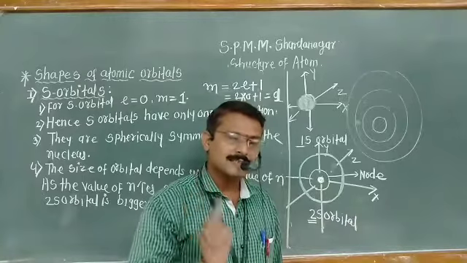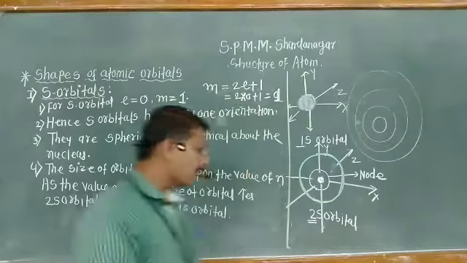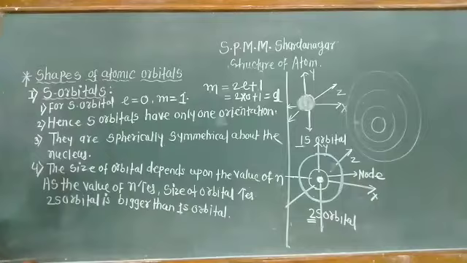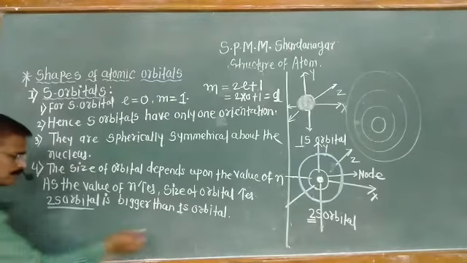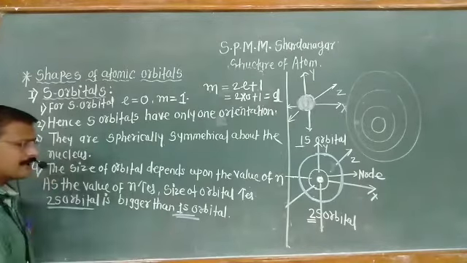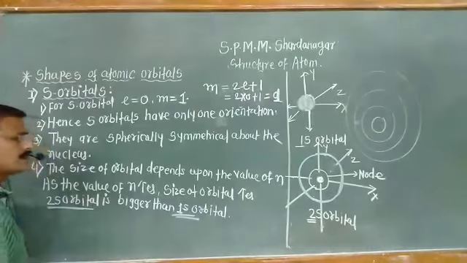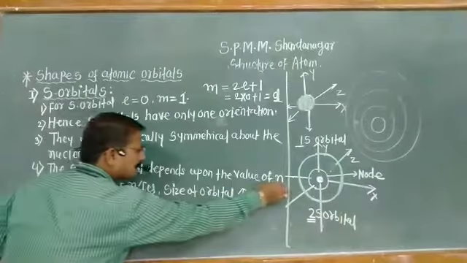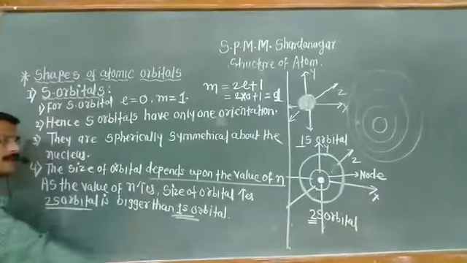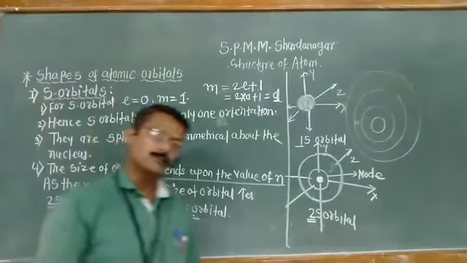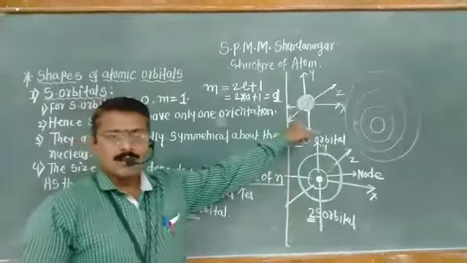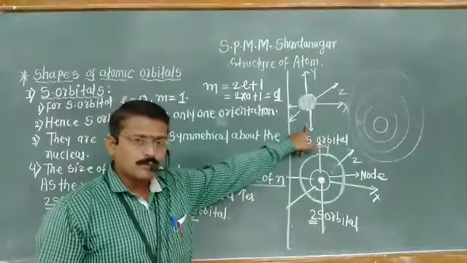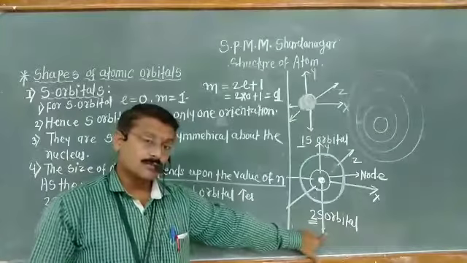Hence the 2s orbital is bigger than the 1s orbital, because the size of the orbital depends upon the value of the principal quantum number, small n. These are the shapes of the 1s and 2s orbitals.